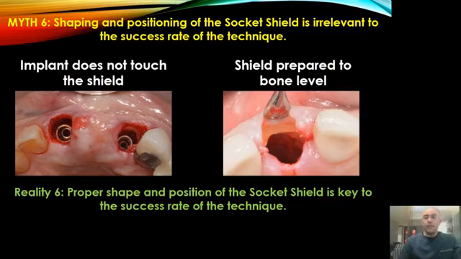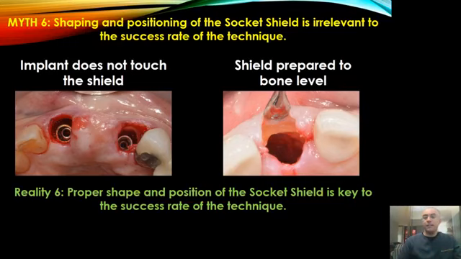Some discussions will say let's put the shield a little bit above the bone level to provide more support to the gingival margins. And from my experience, whenever we put the shield above the margins, we will get more complications, such as external exposure or internal exposure.